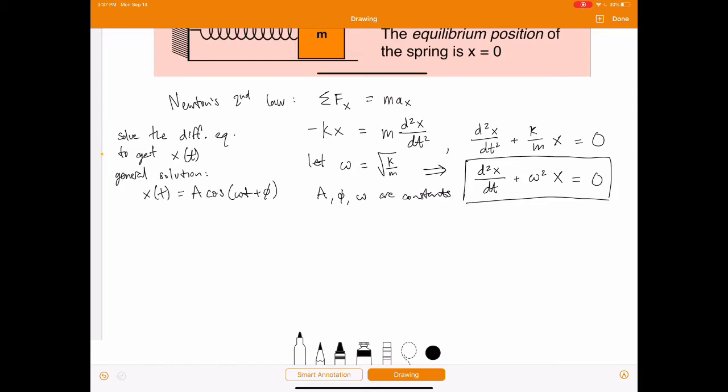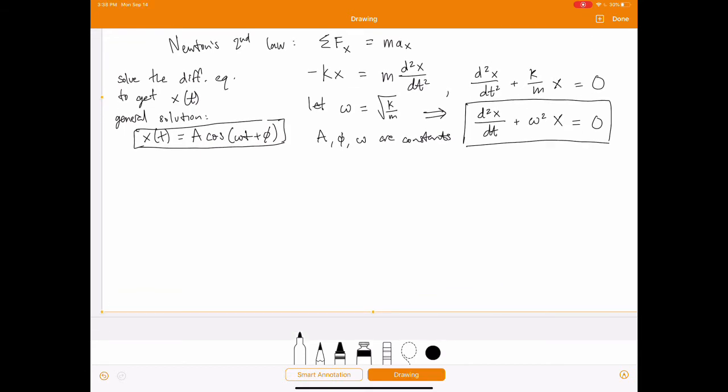So this is what I claim is the general solution for the position of the block as a function of time. So what I'm going to do next is just show you that it works. So first, if this is truly the solution for x as a function of time, I could take the derivative of that and get dx dt.